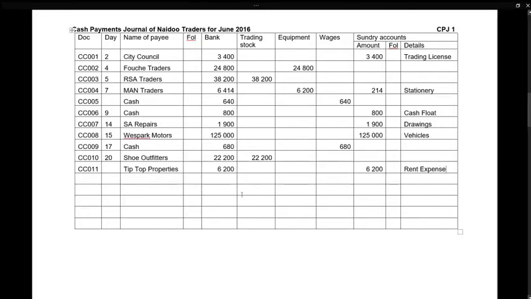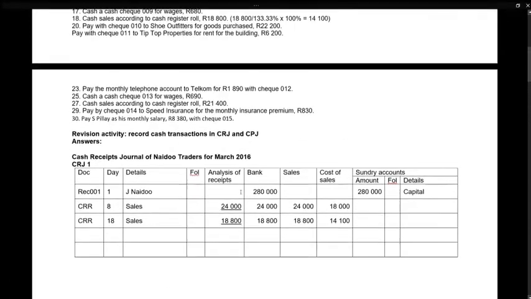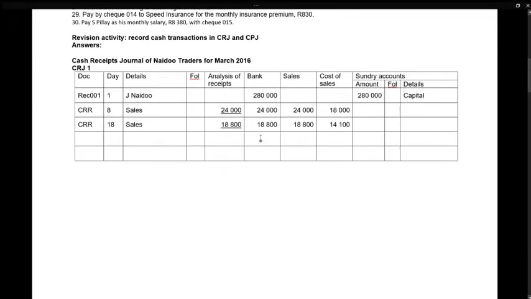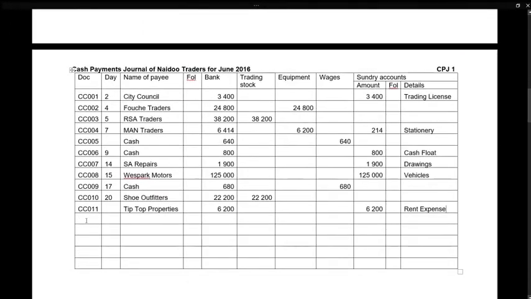Rent expense. Next transaction took place on the 23rd. Pay the monthly telephone account to Telkom for 1,890 Rand with check 012. We are paying money. Let's go and fill that in my cash payments journal. 012.